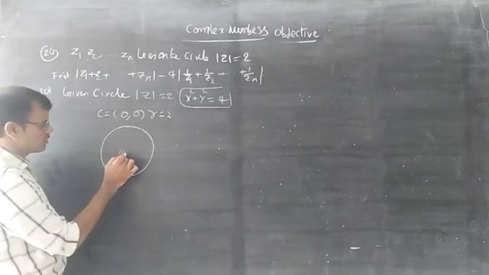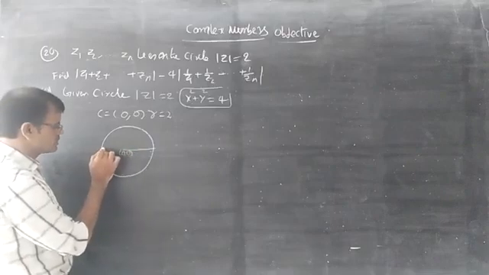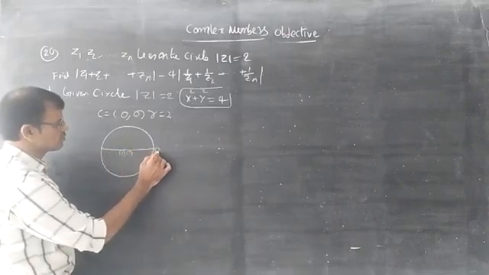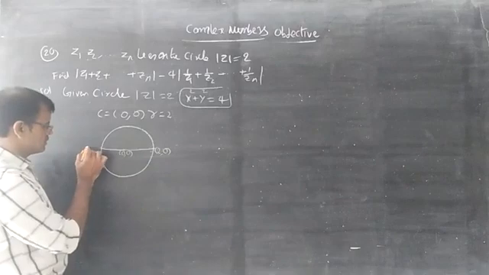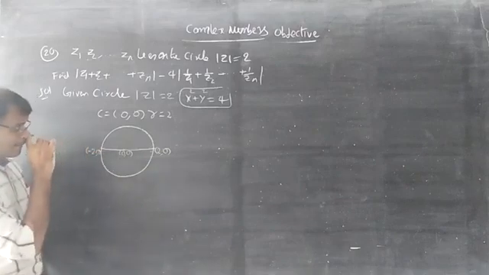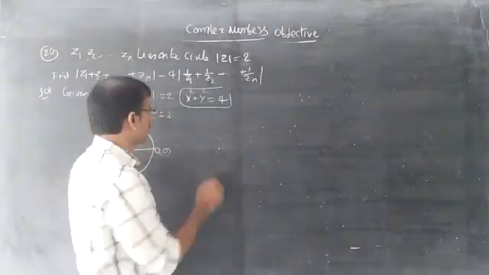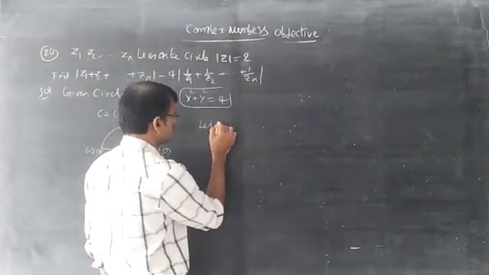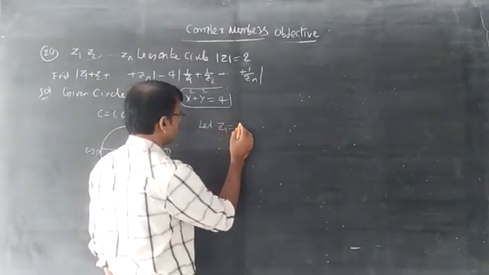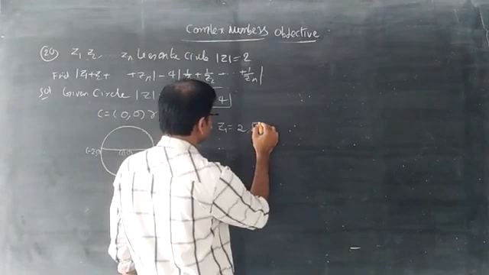Put here 0 comma 0. This side I am substituting 2 comma 0, and this side I am substituting minus 2 comma 0. Now I am thinking, just as a shortcut, let Z1 be equal to 2 comma root 2.